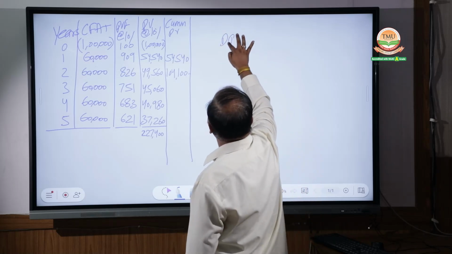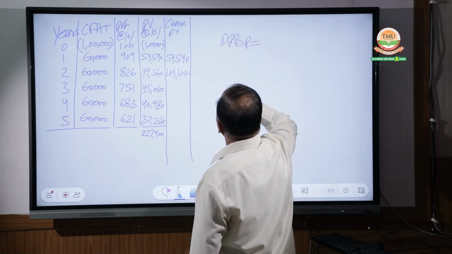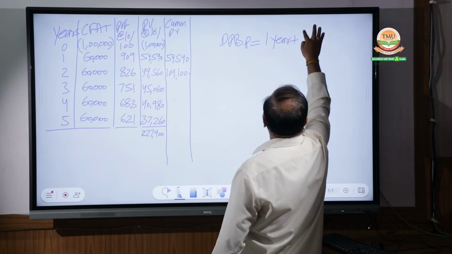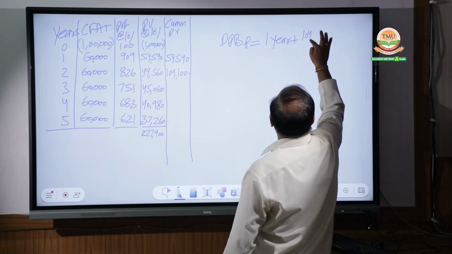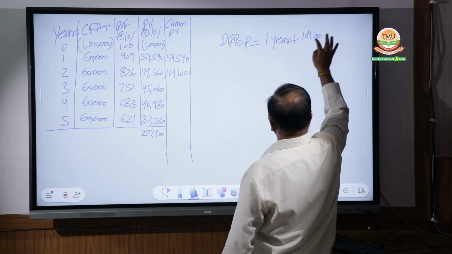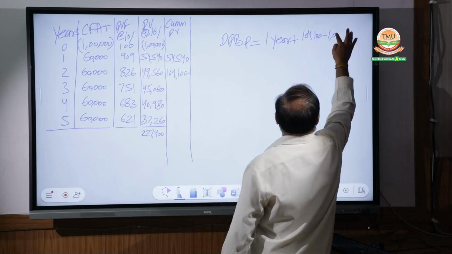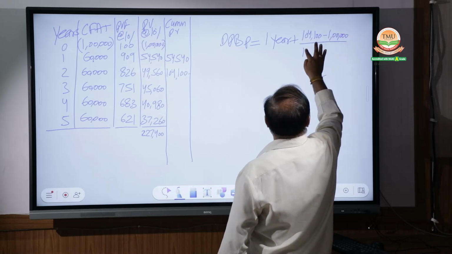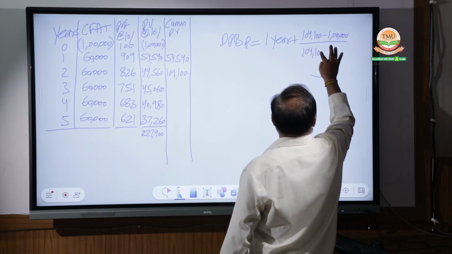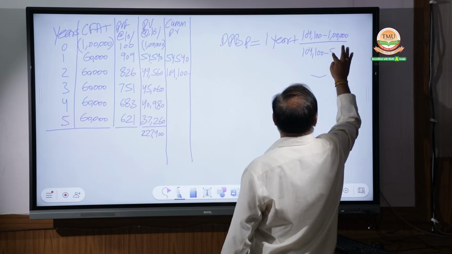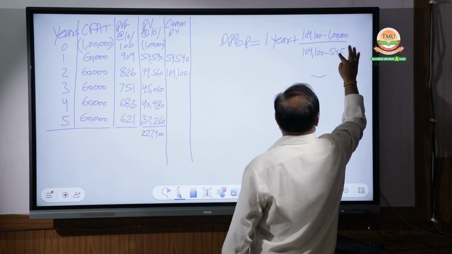For calculating the discounted payback period, the formula is the same. 1 year plus (104100 minus 1 lakh) divided by (104100 minus 54540).